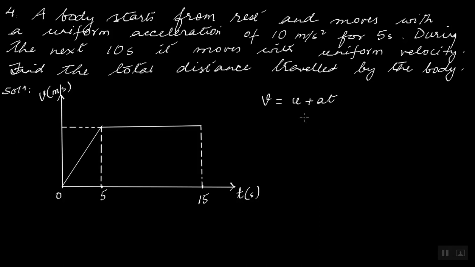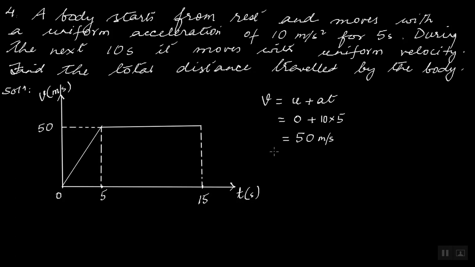I think you remember this formula, right? And u here is the initial velocity. Because it is starting from rest, the value of u will be 0. In this time of 5 seconds, it is accelerating with 10 meter per second square, so the value of a here will be 10. So what will be the value of the velocity? 50 meter per second. So this point out here corresponds to 50 and the unit is meter per second.